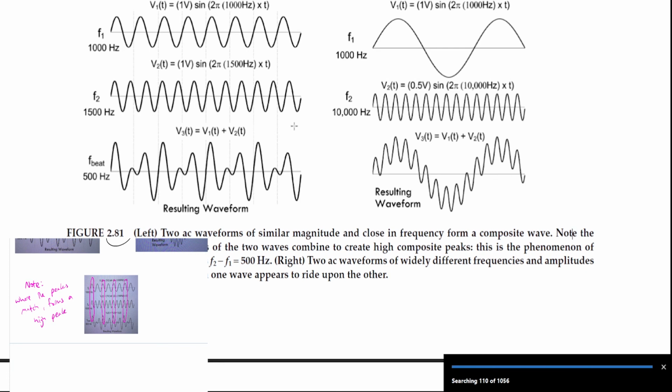Okay, this is the phenomenon of beats. This phenomenon of beats. Right then, phenomenon of beats, in brackets, so I don't think I'm a weirdo when I see this again. The beat note frequency is F2 minus F1.